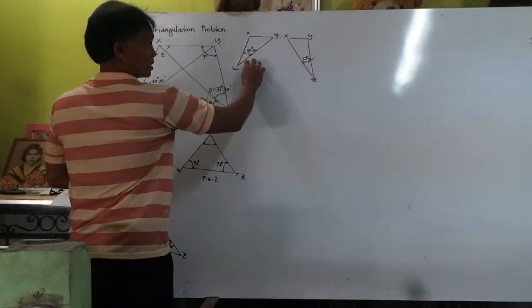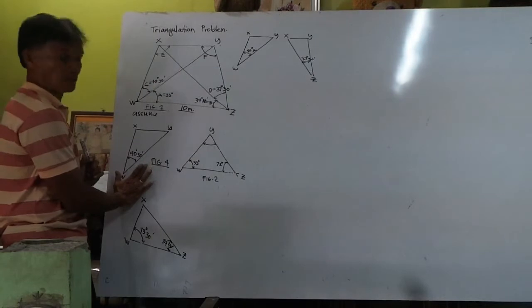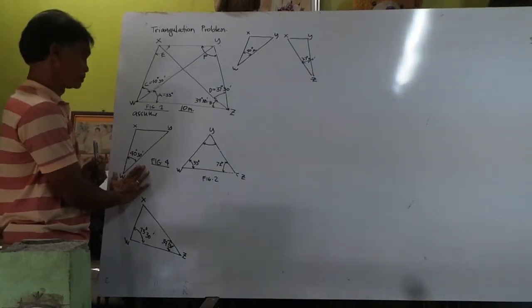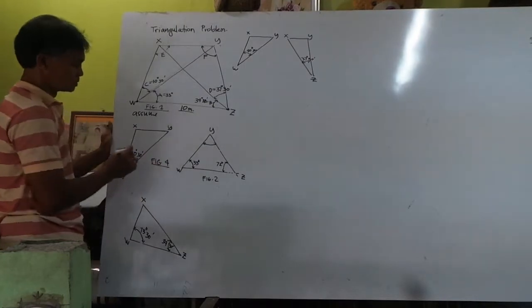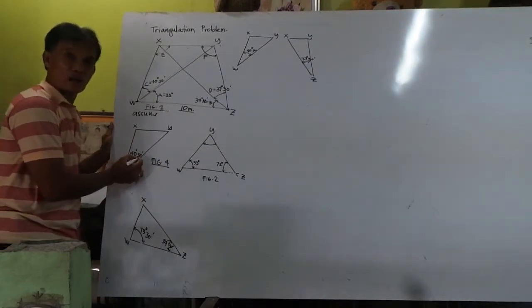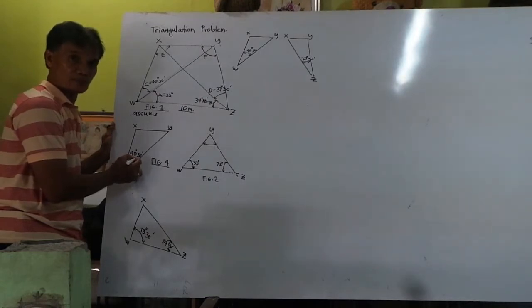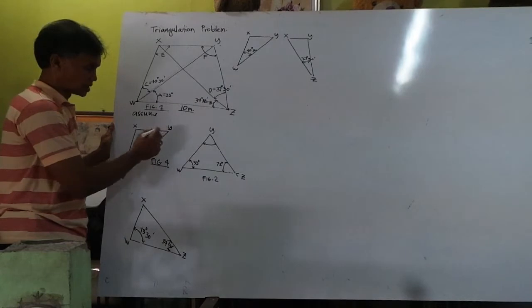Based on this, I chose number 1, which is in figure 4 of your module. In figure 4, only the interior angles are given, so you have no other given sides.